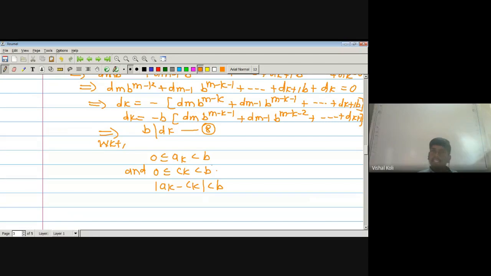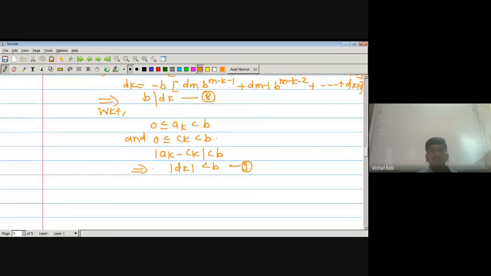Since ak is less than b and greater than or equal to 0, and similarly ck is greater than or equal to 0 but less than b, its difference must be less than b. But we know that ak minus ck, that is di, is nothing but ai minus ci, so ak minus ck is nothing but dk. The modulus of dk is less than b. So this is equation 9.